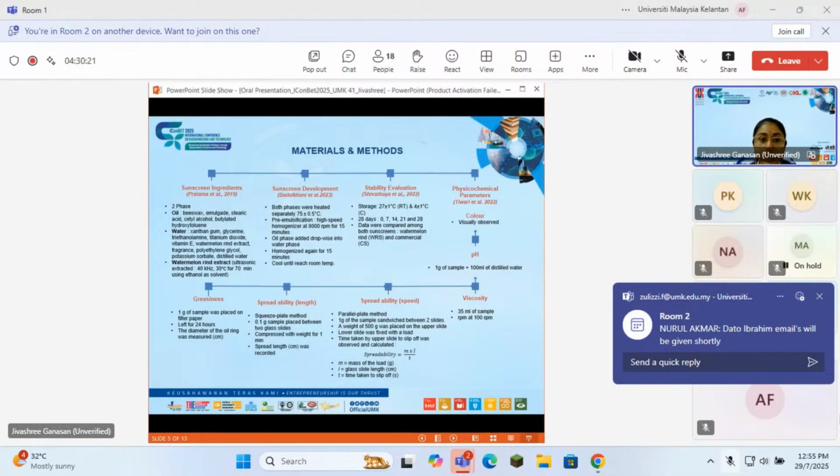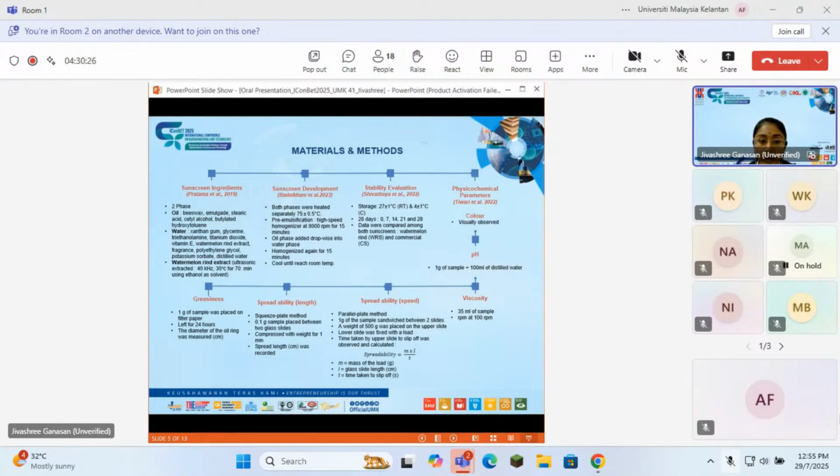The second is by length, also by the squeeze plate method, depending on a weight between two glasses. The speed depends on the gravitational force and the consistency of the sunscreen. The other spreadability is to ensure the smoothness of the sunscreen. Lastly, greasiness was measured using filter paper to measure the diameter of the oil ring, which was observed within 24 hours.